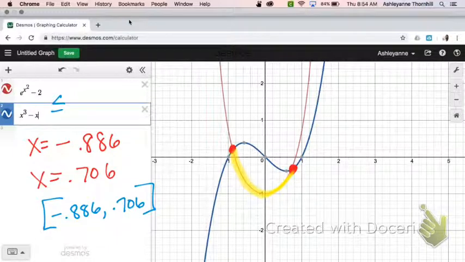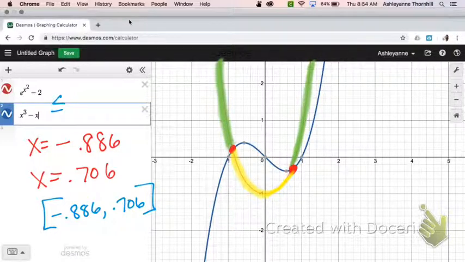Okay, the next one, 6c, has the same functions, but it's asking when the red is above the blue. So you do negative infinity, comma, negative 0.886, and then parentheses? Perfect. So it's everything but that middle chunk. It's the two outsides. So it's here and here, right?